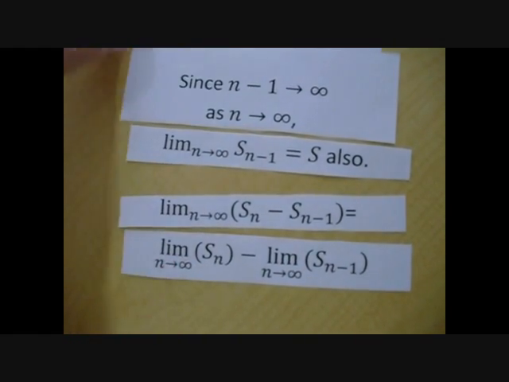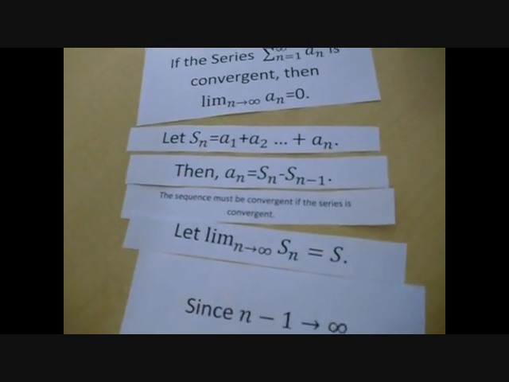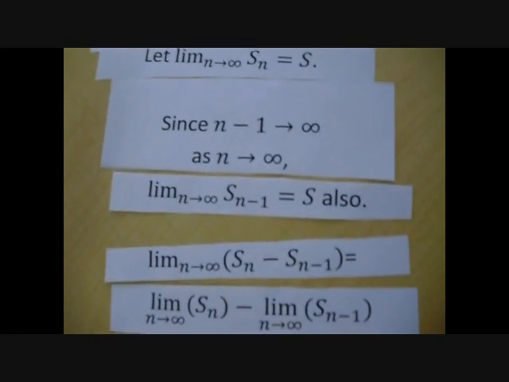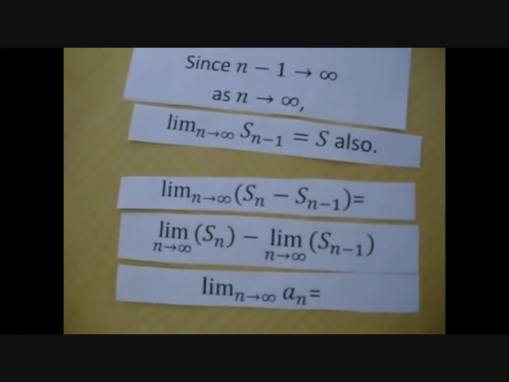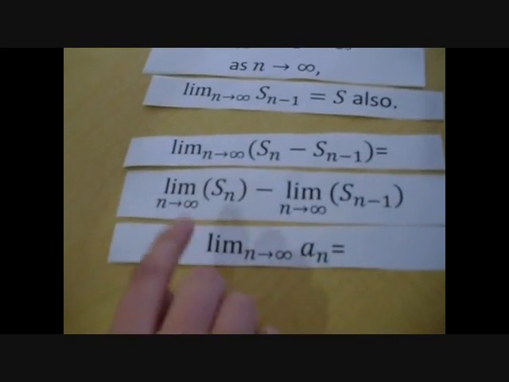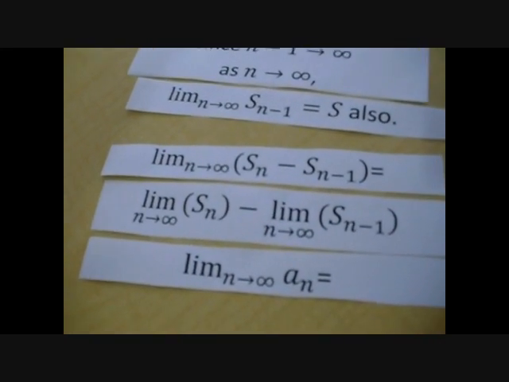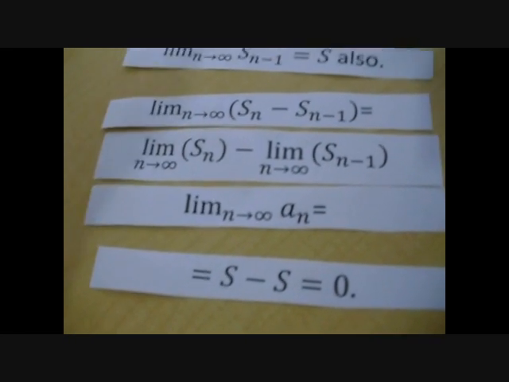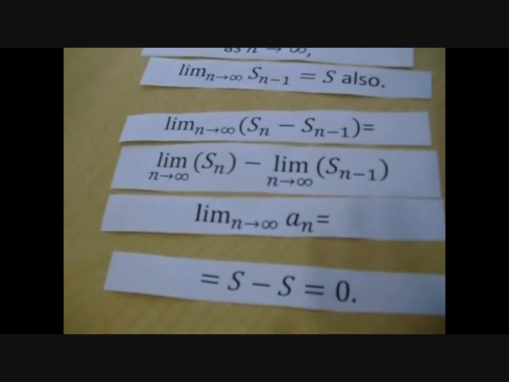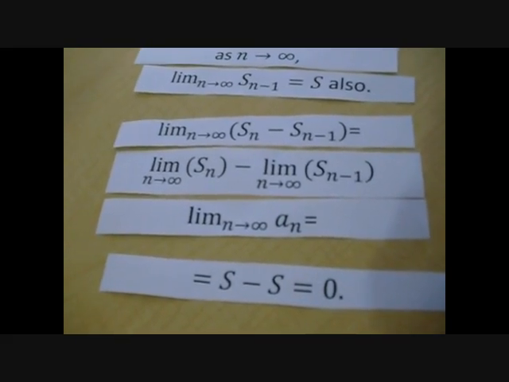As we can see from before, an is equal to Sn minus Sn minus 1. This whole thing would equal the limit as n approaches infinity of an. By the fact that Sn and Sn minus 1 both approach s, s minus s is equal to 0. Therefore, the sequence must approach 0 if we want the series to be convergent. Oh, it looks like the sequences do converge in our series, but it doesn't really say if we definitely converge or not.